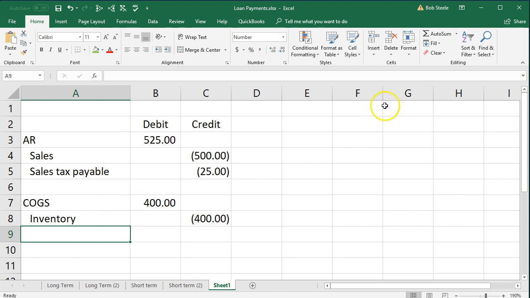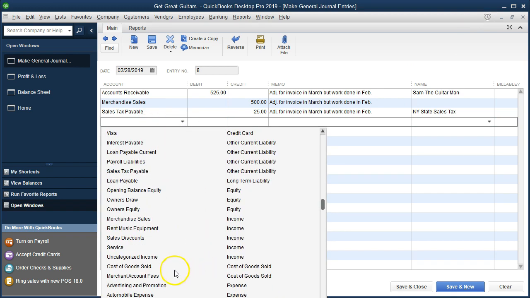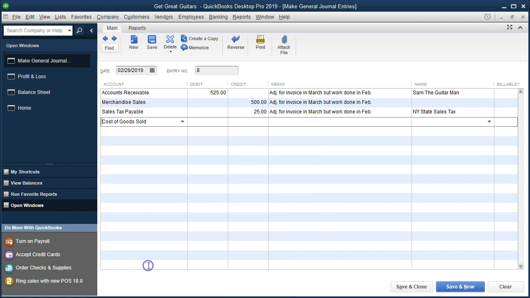Inventory is going down, and cost of goods sold for the 400. So this one's going to be cost of goods sold. It's an expense. If you hit the drop down, it's down here. They've got the cost of goods sold, cost merchandise account. So we're going to go to cost of goods sold, and that's going to be for 400 debit.